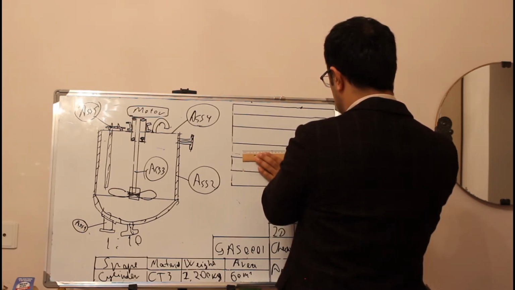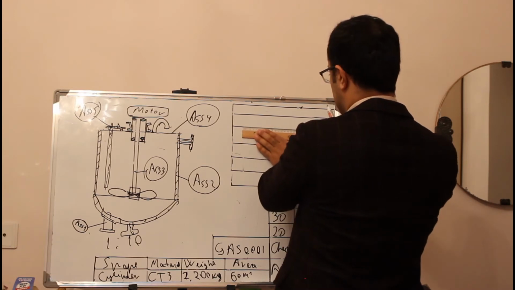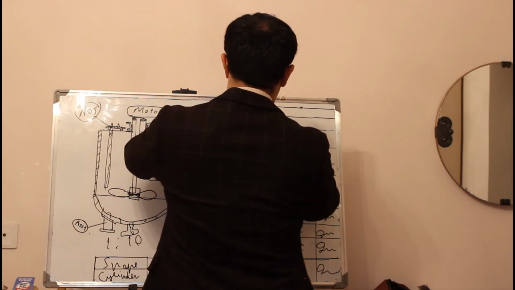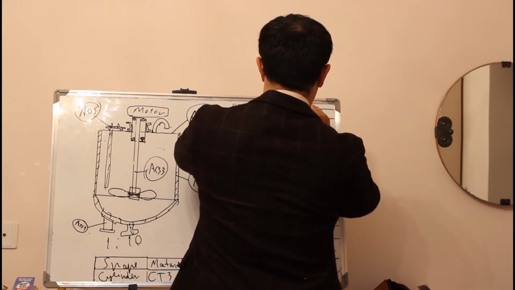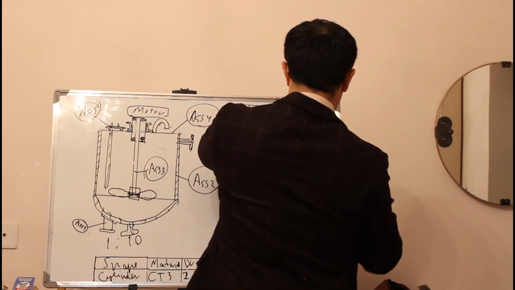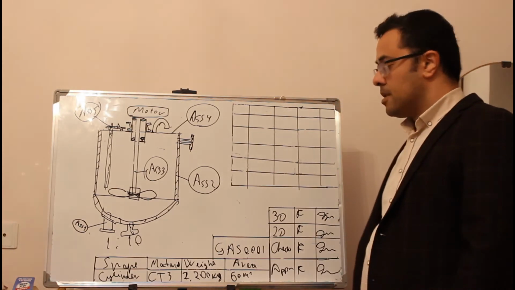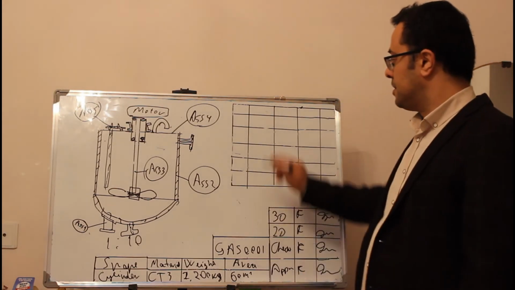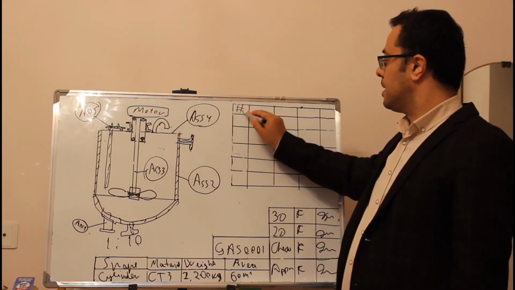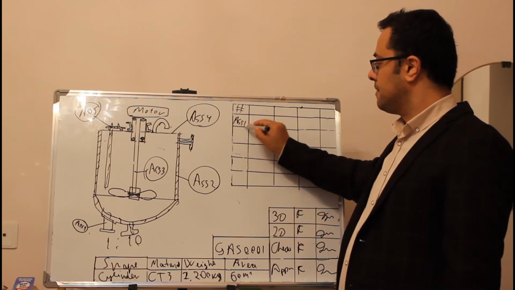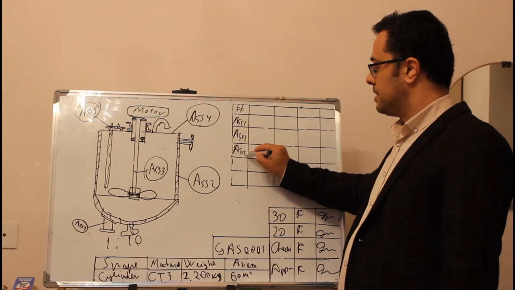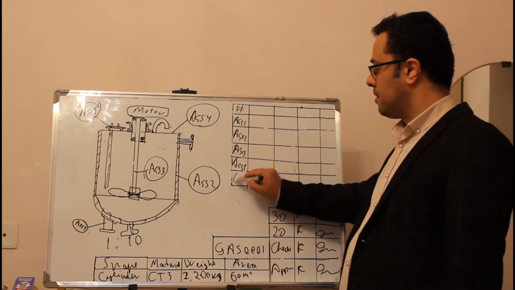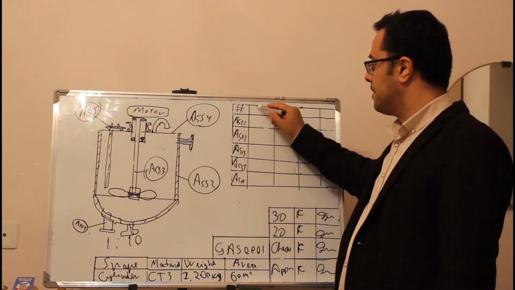Exactly. Fast. So the name of it. Guess what? I already finished it. So assembly 1, assembly 2, assembly 3, assembly 4, assembly 5.